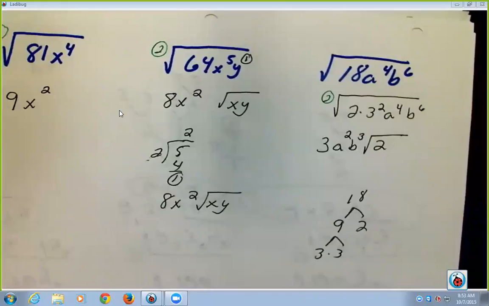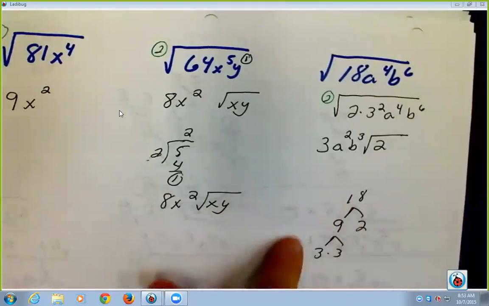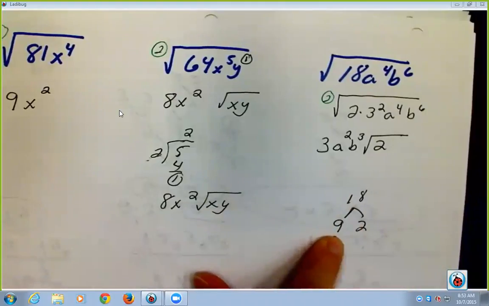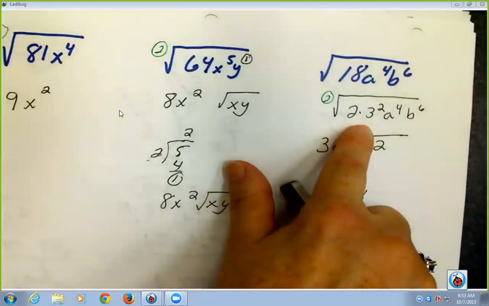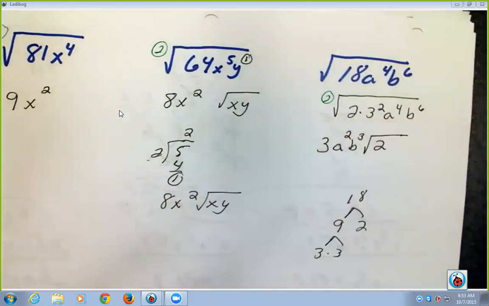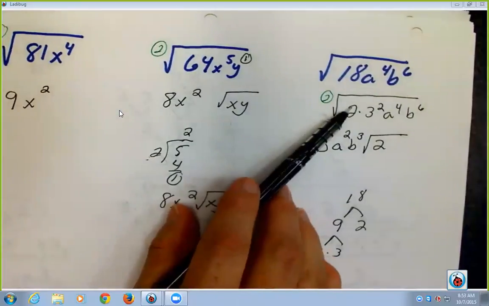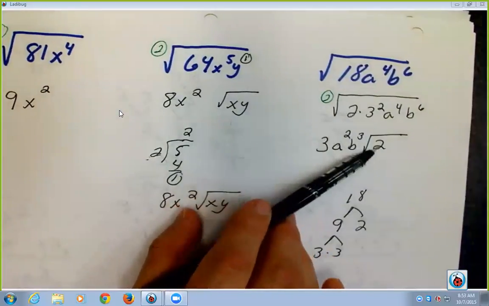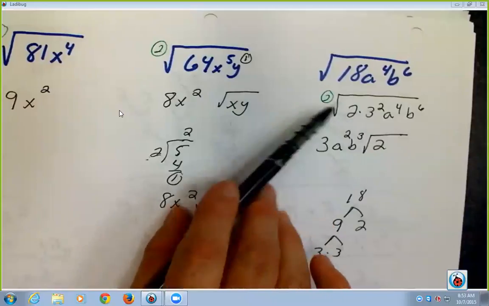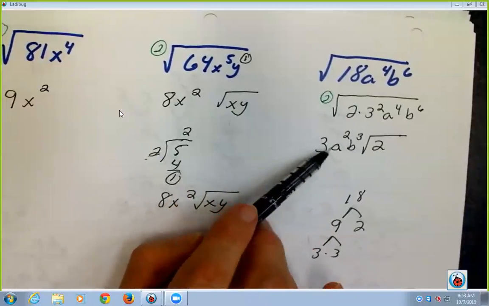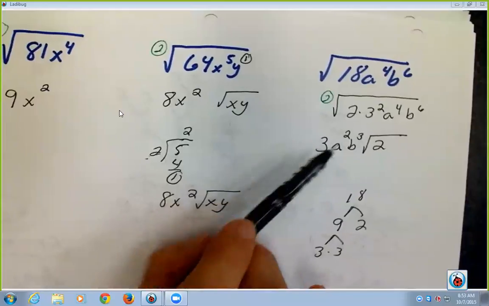So if you can identify that 9 was a perfect square, you could have just pulled out your 3 and not broke it down. But if you didn't know that 9 was in there and you broke it apart, you could get your exponent values of everything and then pull out what you can. 2 doesn't have a high enough one to pull out, so I leave it. 3 is squared, so I pull out a 3.